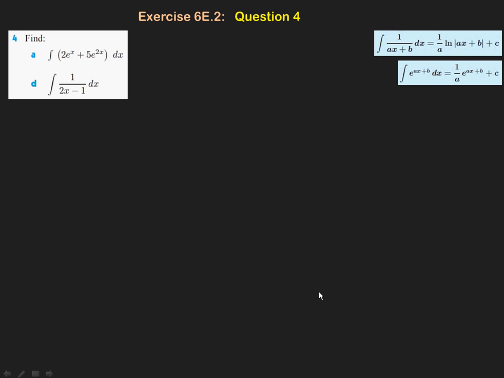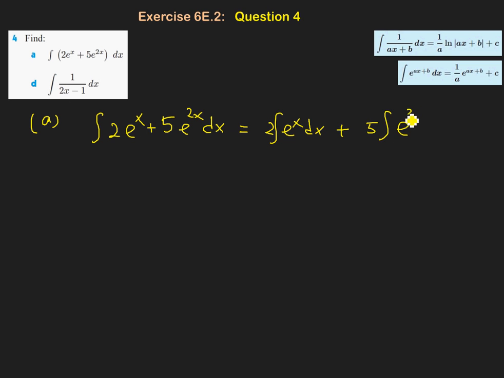It's a bit different. Two other formulas, one involving ln, the other one is e^x. Work with A here. You can treat this integral like this: e^x dx, the 2 in front, and 5 integrating e^2x dx. And according to the formula, we don't see a b here.